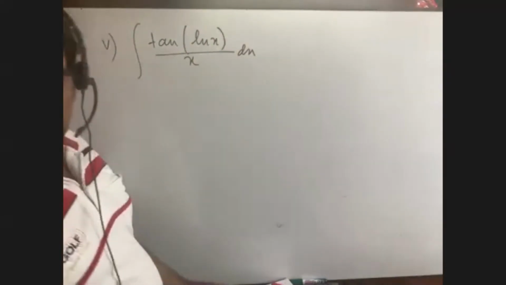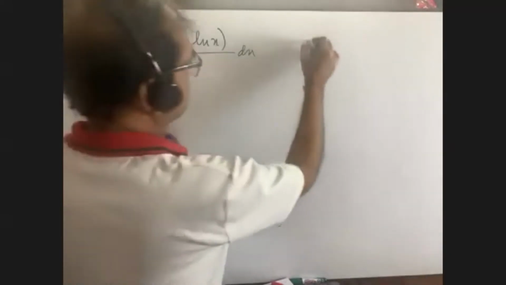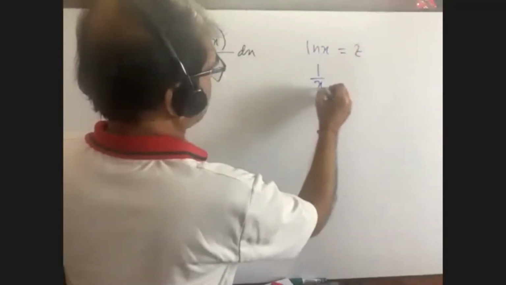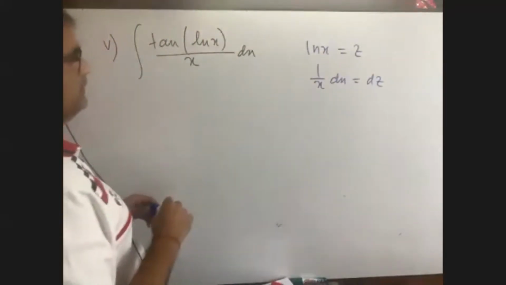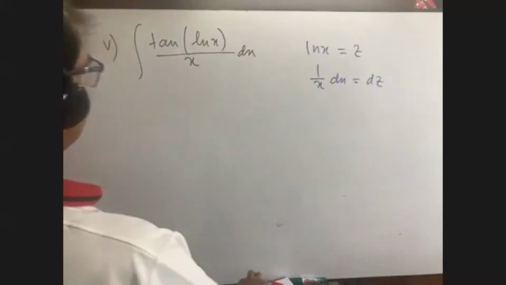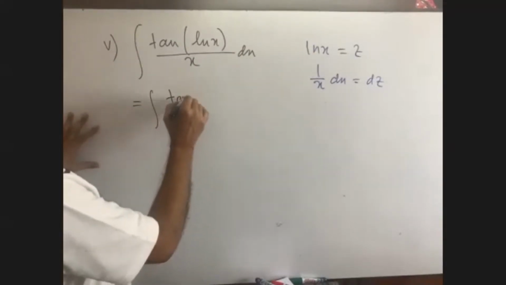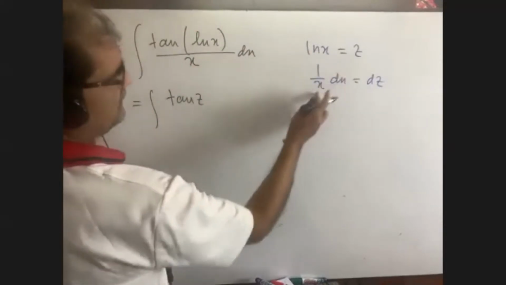You will let ln x equal z. That is 1 by x dx equals dz. So you see, we have tan z, and dx by x equals dz.